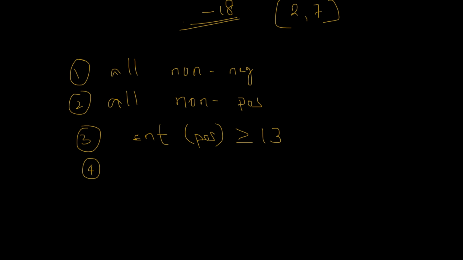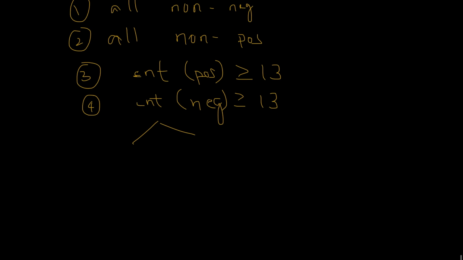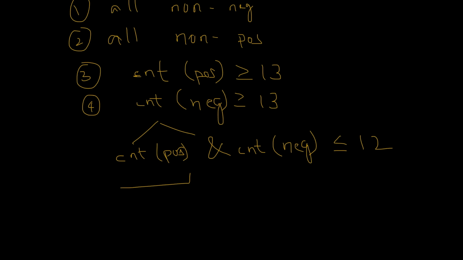The next case is where the count of negative is greater than or equal to 13. Now the last cases are if the count of positive and the count of negative are both less than or equal to 12. This gives us 2 cases.